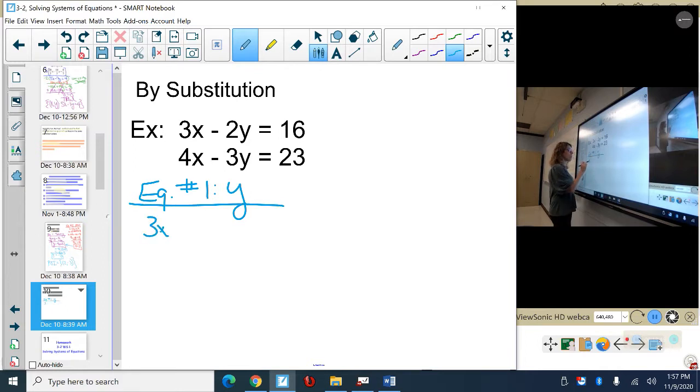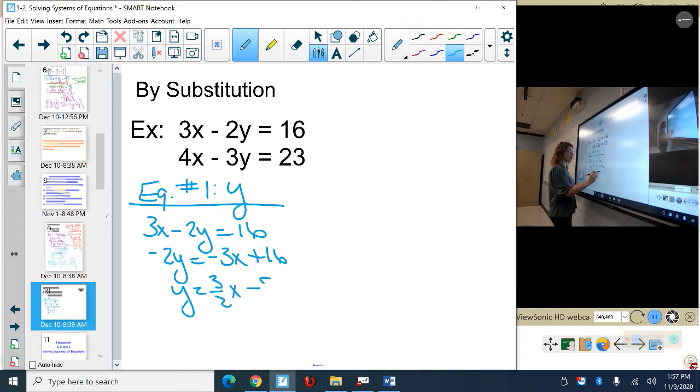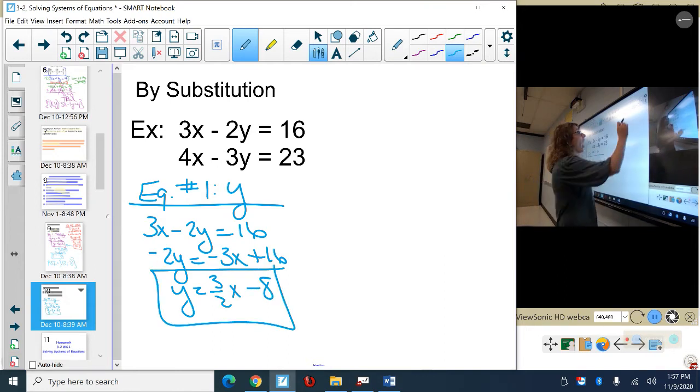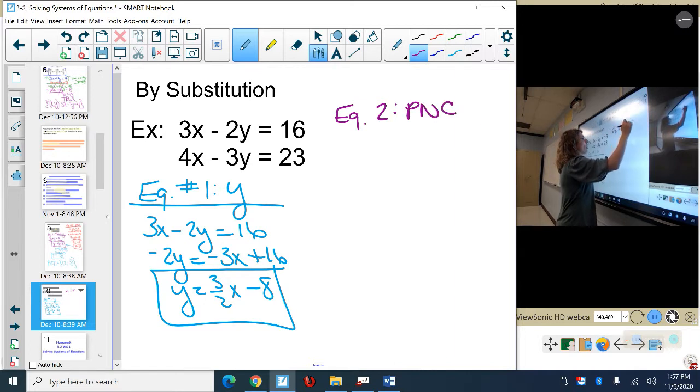Okay, so that's 3x minus 2y is equal to 16. Negative 2y is equal to negative 3x plus 16. y is equal to 3 over 2 x minus 8. Now, I have to use the other equation. So I'm going to take equation 2 and I'm going to plug and chug.